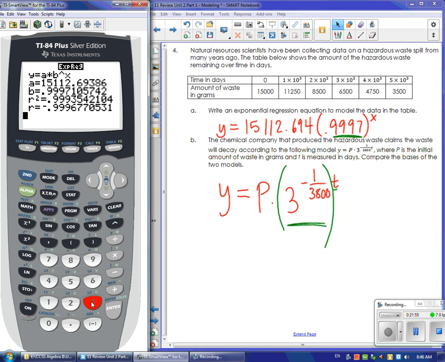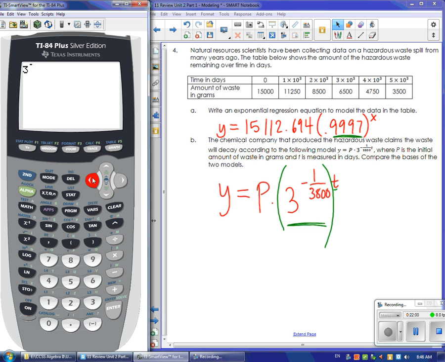So I'm just going to evaluate that on my calculator. 3 raised to the negative 1, and actually let me put this in parentheses. So negative 1 divided by 3,800.